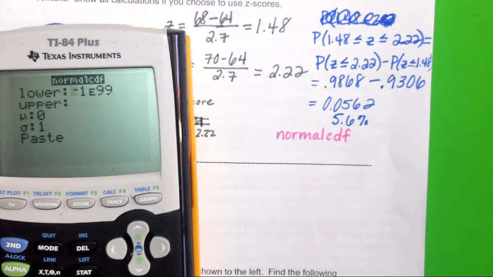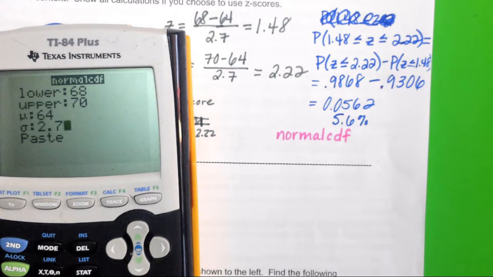He always knows the buttons. So the lower height was 68, the upper height was 70, the mean was 64, and the standard deviation was 2.7.